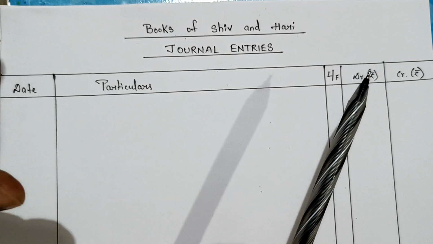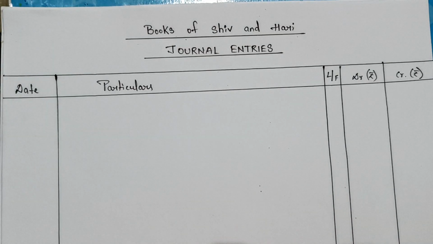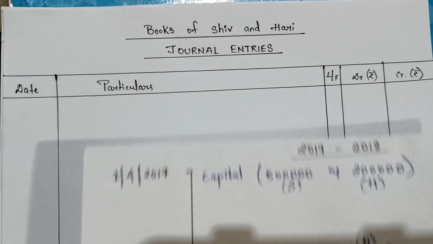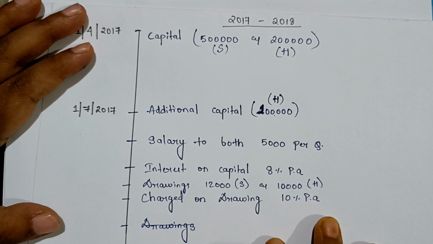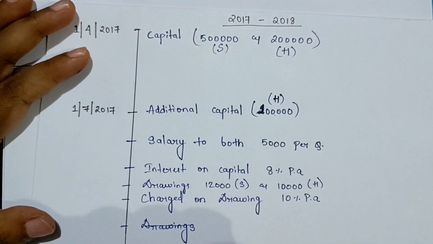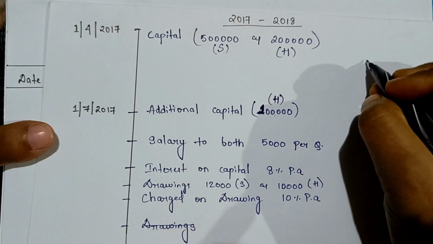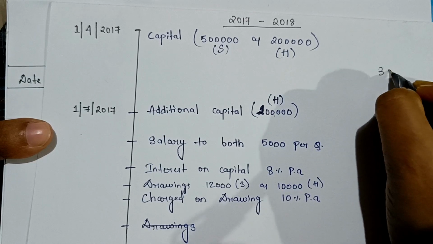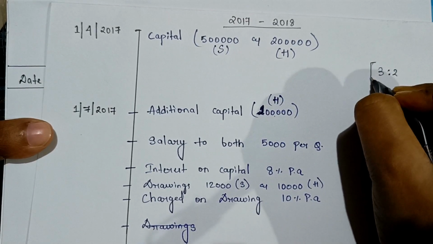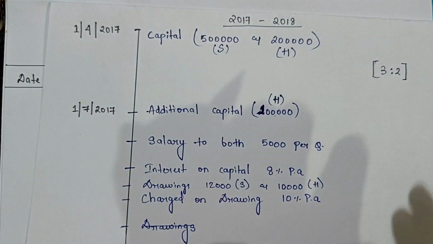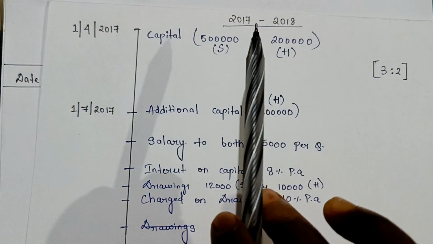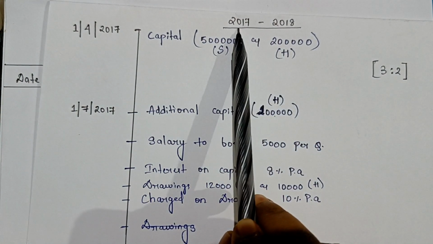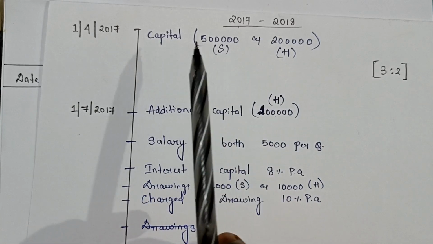So let's see a flow chart for this. Hari and Shiv are partners who share their profits in the ratio of 3:2. Okay, this is their profit sharing ratio. And these are the adjustments which are made during the year 2017-18.